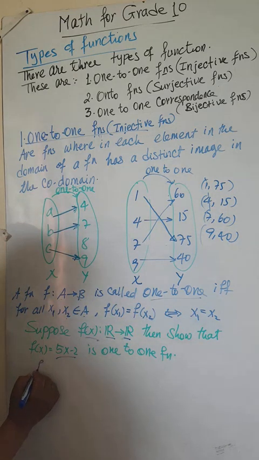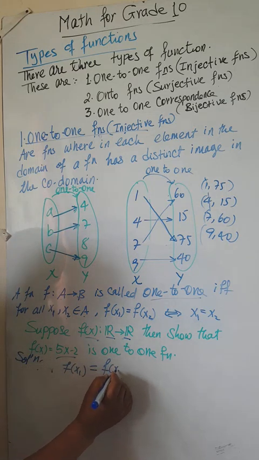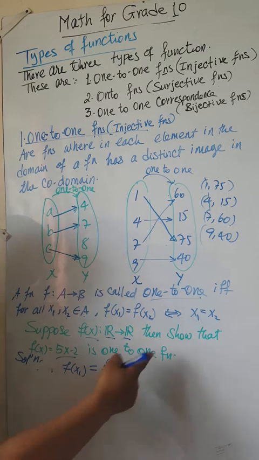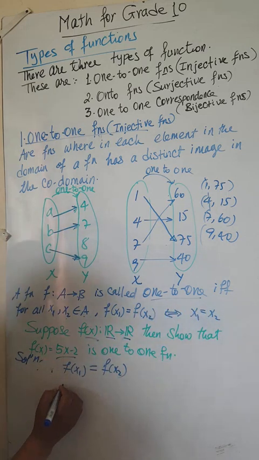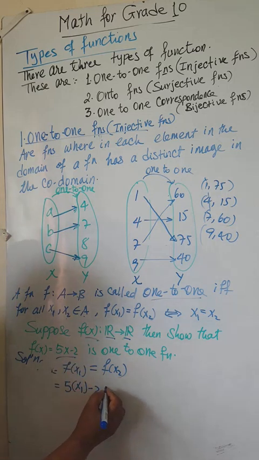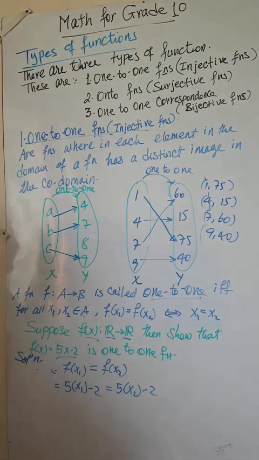Solution: f of x1, if this is equal to f of x2 ምን ማግኘት አለብን? x1 እኩል ይሆናል x2 ማግኘት አለብን። f of x1 ማለት ነው 5 times x1 minus 2, is equal to 5 times x2 minus 2.